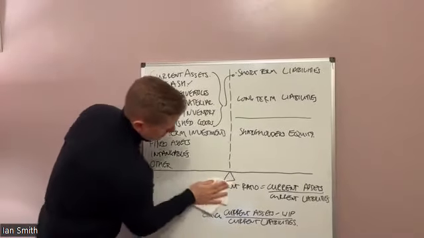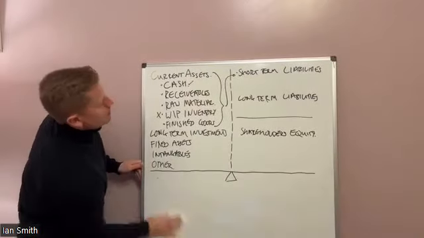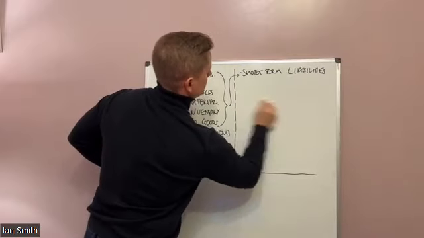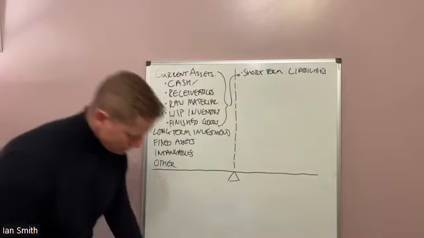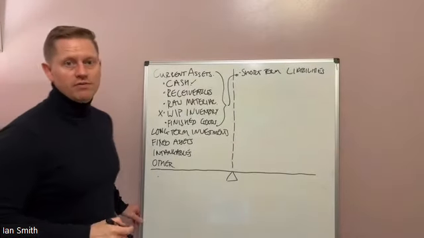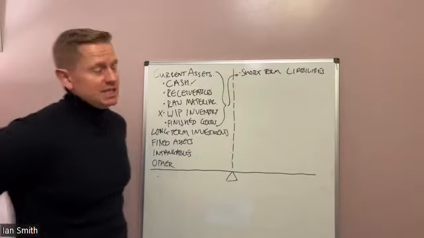Some more space here. And I'll just move this down. And we'll update the balance sheet just to show some more of the current liabilities. So short term means current liabilities.